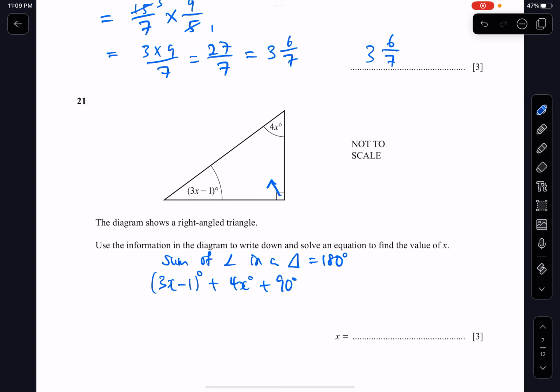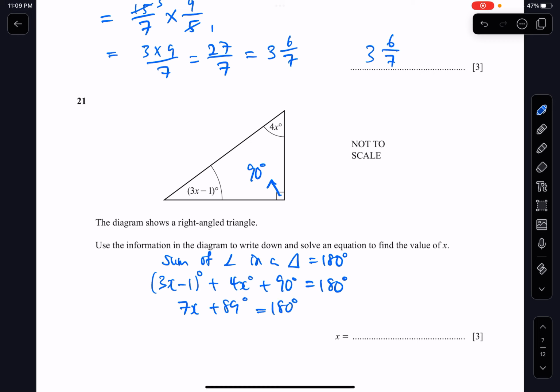So because this will be 90 degrees, this will be equal to 180 degrees. So let's simplify the equation. I'll have 7x plus 89 degrees equals to 180 degrees.